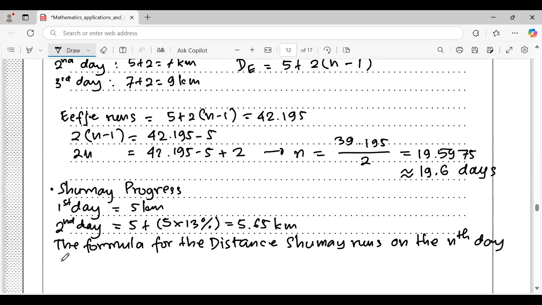The formula is distance Shumei equals 5 times 1.13 power n minus 1.